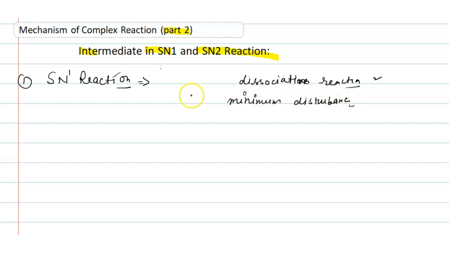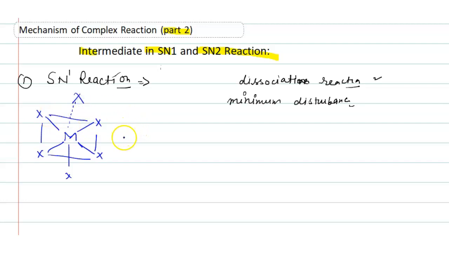to form an intermediate. For example, here is the complex, and here X is released from this complex. This reaction will be slow.